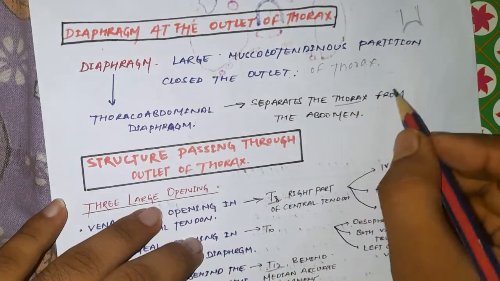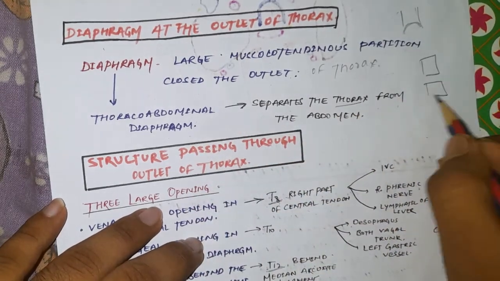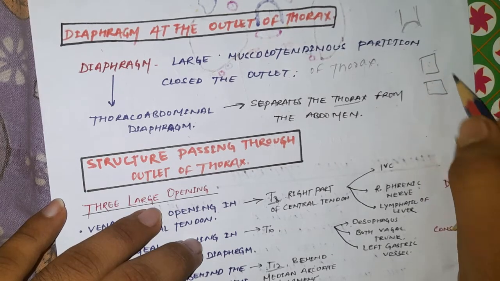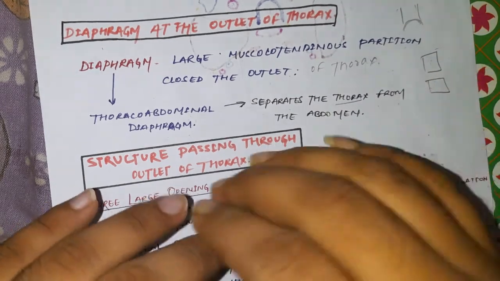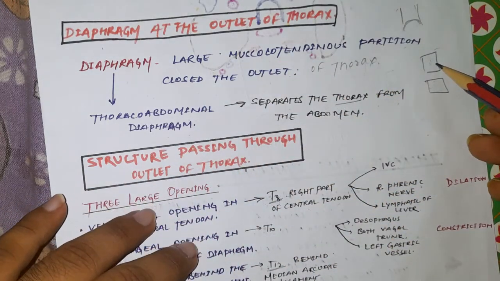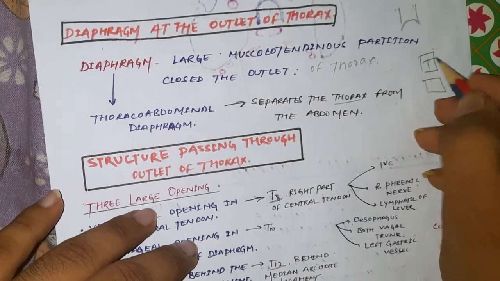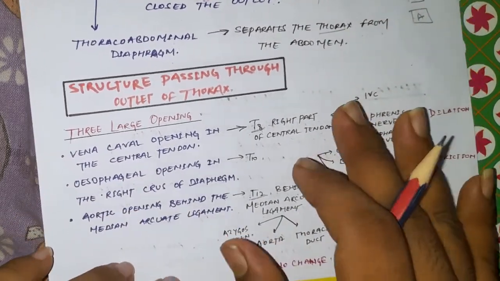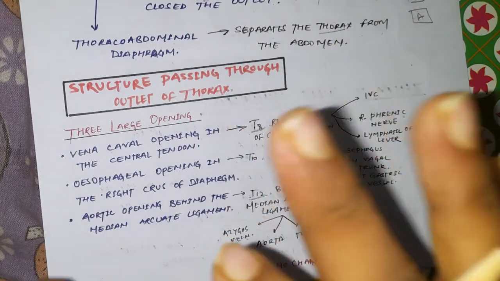This is the thorax and this is the abdomen. These are parts of the trunk, and the trunk is divided by the diaphragm into two parts, thorax and abdomen. Now we will see which structures pass through this diaphragm.